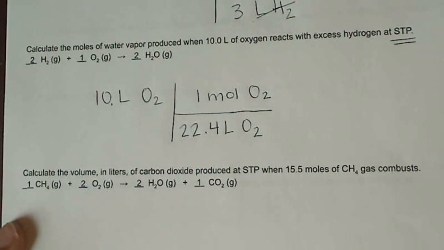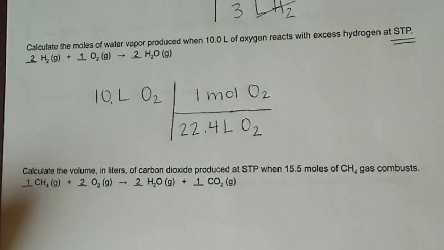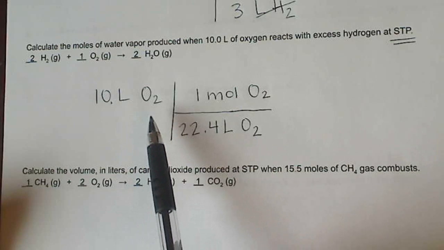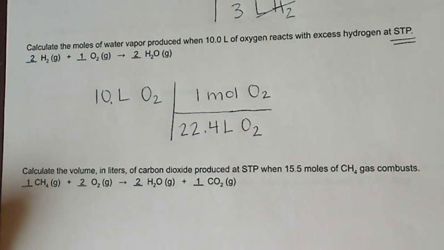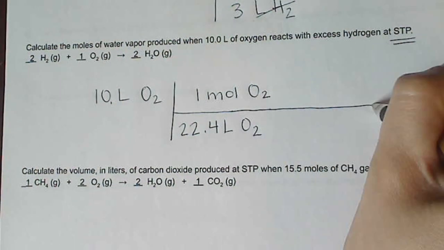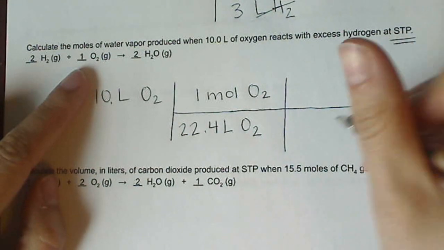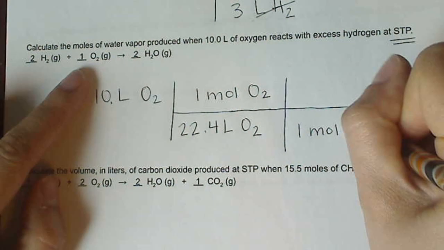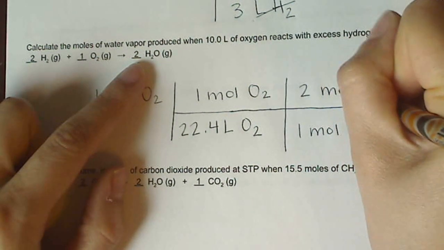Now since I'm trying to get to water, I need the mole ratio step here because we are switching over from moles of oxygen to moles of water. Remember with stoichiometry, every time you want to go from moles of one thing to moles of another, you need the mole ratio. So I'm going to set up one more train track and look at my mole ratio. Per the equation, 1 mole of oxygen will form 2 moles of water.